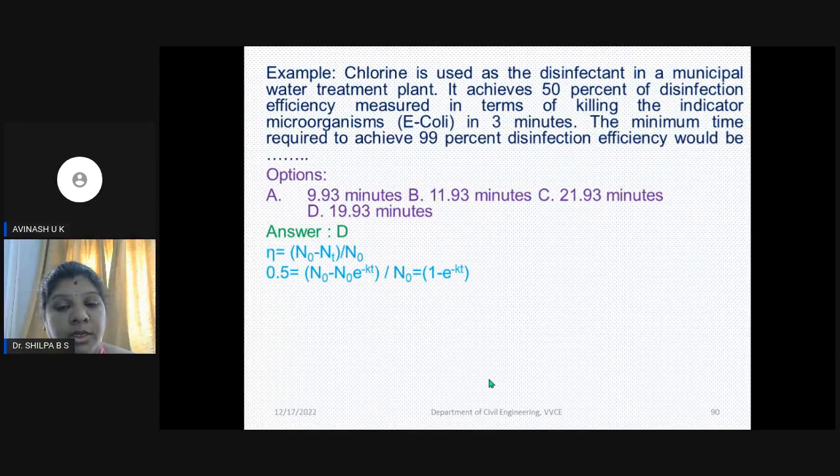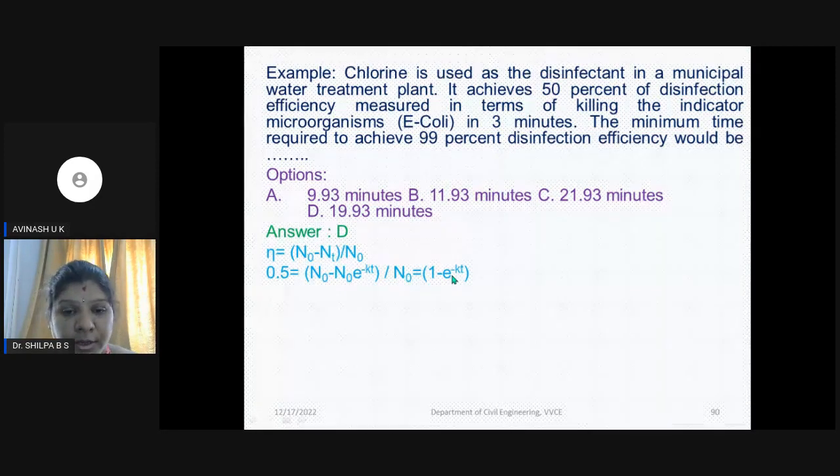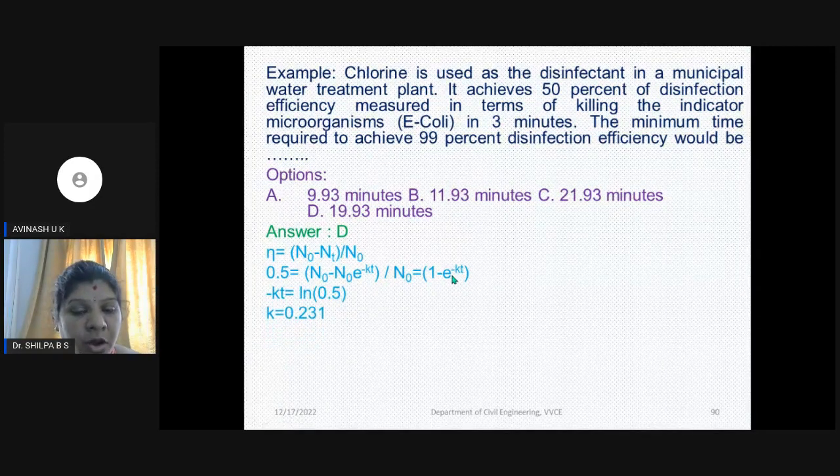Let us simplify that. We know that Nt equals N naught e to the power of minus kt, according to Chick's law. We substitute that and simplify, and we can write it as 1 minus e to the power of minus kt. On further simplification, the k value is 0.231.